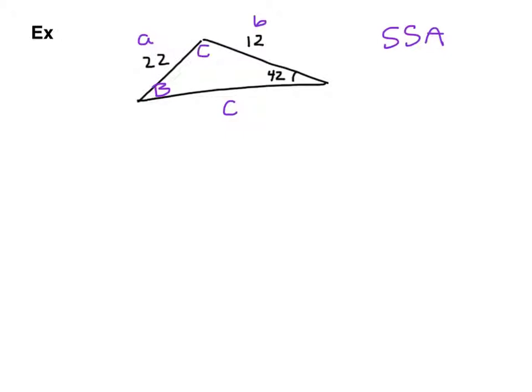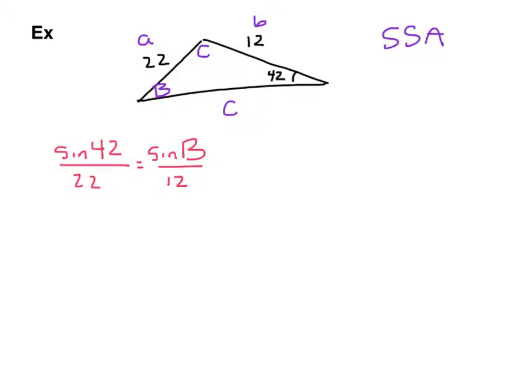So I'm given a side with its opposite angle, so I know that I can use the law of sines. So let's just start. We have the sine of 42 over 22 is equal to, okay, the next thing that I have is side B, so I can solve for angle B, which is equal to the sine of B over 12.